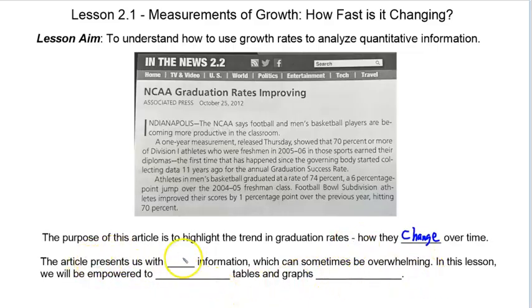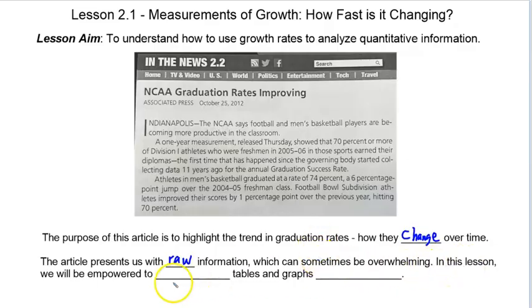So this article presents us with raw information. Okay, it's just in paragraph form. There's a lot of mathematical information contained in it. Sometimes raw information like this can be kind of dry. It can be sometimes overwhelming to kind of capture the full picture.